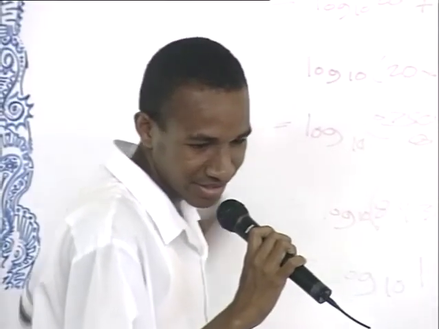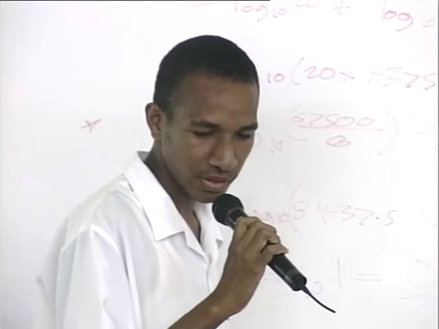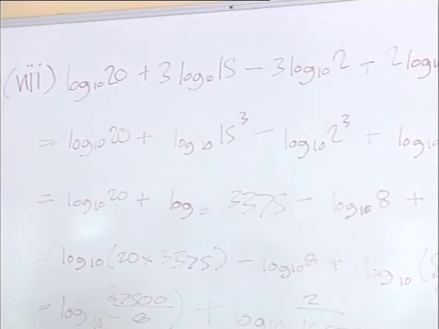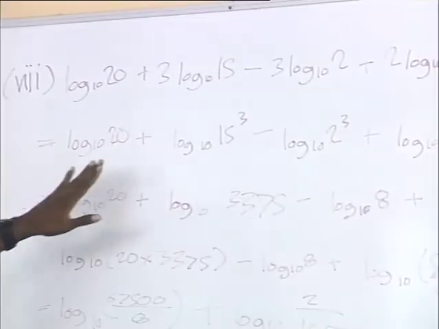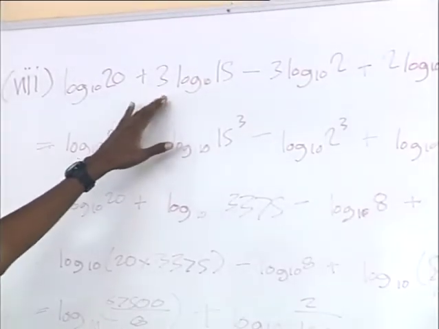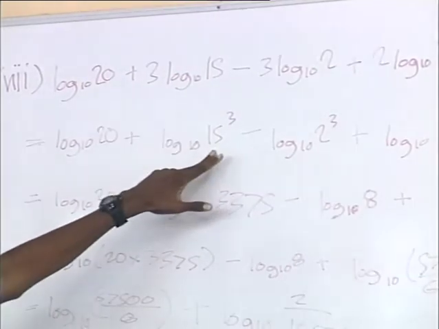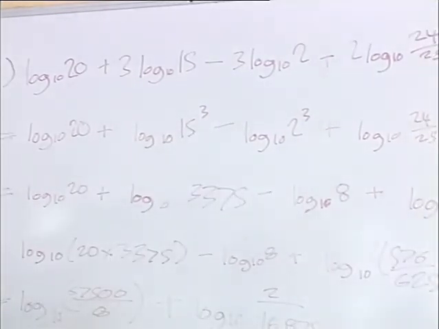The question reads log 20 to the base 10 plus 3 log 15 to the base 10 minus 3 log 2 to the base 10 plus 2 log 24 over 25 to the base 10 minus 5 log 6 to the base 10. So firstly, I removed the powers and I got 15 and I multiplied it to the power.